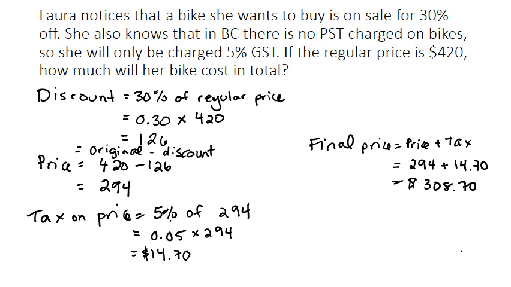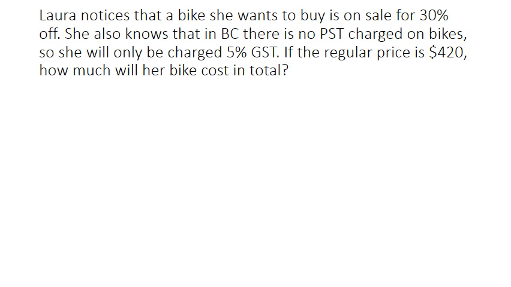Let's look at this doing it a different way. So we can use method 2, where we combine the percent to determine the sale price and the total cost. Okay, so the sales price, the discount of 30% means that the sales price will be 100% minus the 30% discount, which is equal to 70%.